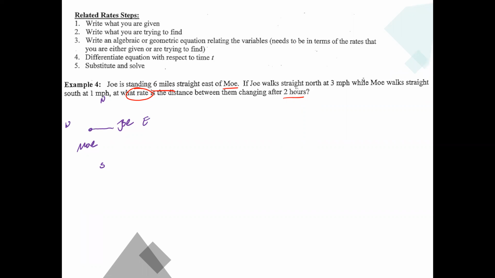Between these 2 people, they are 6 miles apart. Then Joe walks straight north at 3 miles an hour, while Mo walks south at 1 mile an hour.